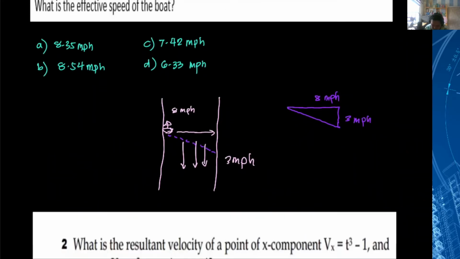By the Pythagorean theorem, the effective velocity equals the square root of 8 squared plus 3 squared.